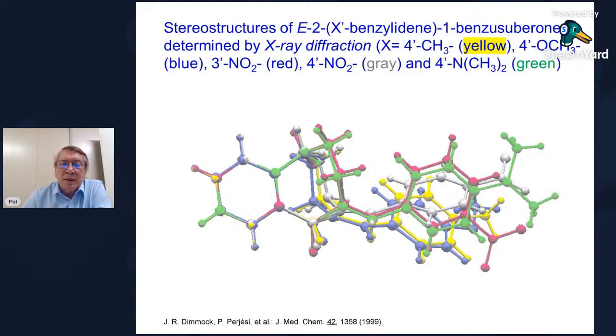And this difference in the three-dimensional shape is responsible for the different efficiency of the transmission of the effects, the different degree of conjugation, and finally, the different reactivity of the carbonyl carbon and the carbon-carbon double bond of the cyclic chalcone analogs.